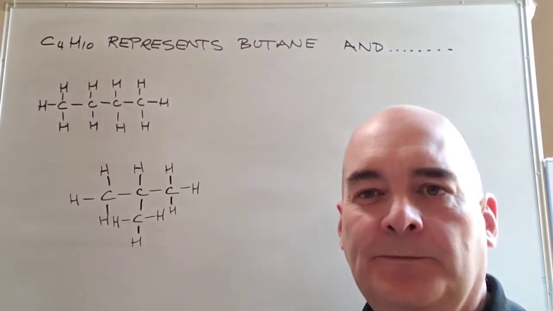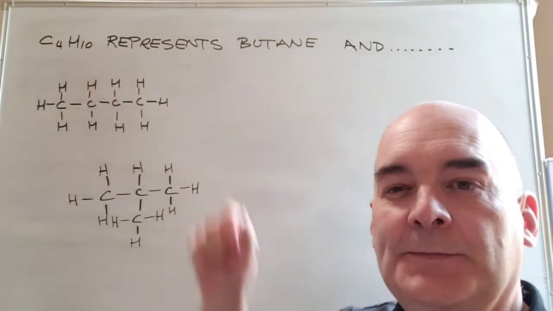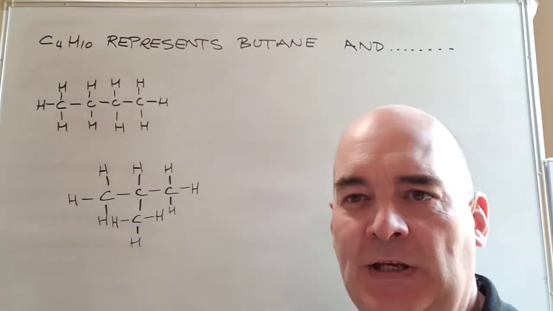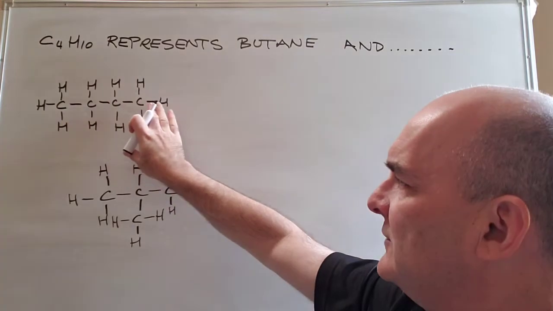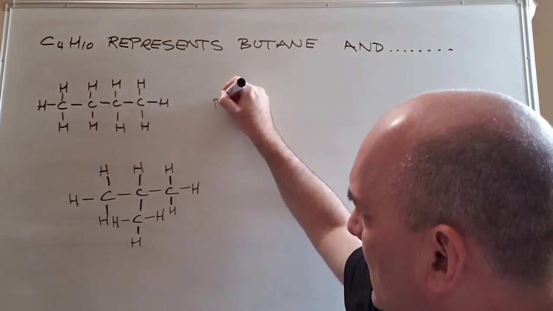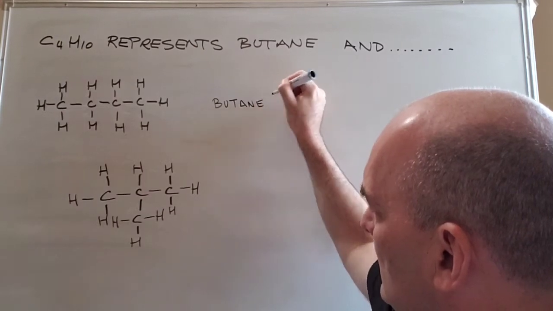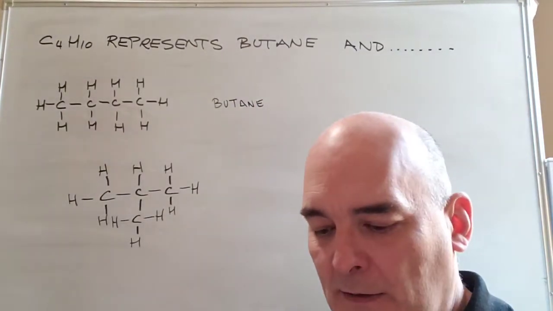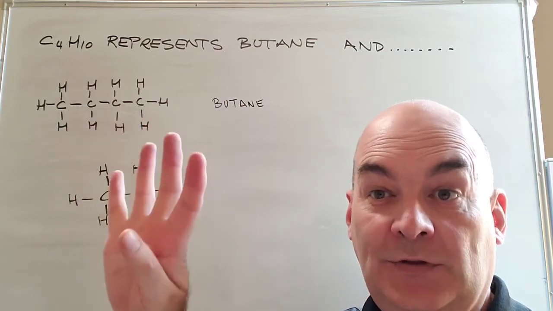This is C4H10. That is also C4H10. This has a longest chain that is 4 carbons long, and so is called butane, because meth, eth, prop, but.